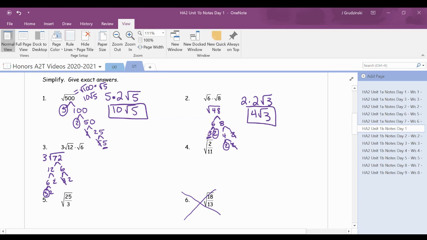So I have a pair of 3's and a pair of 2's with a leftover 2. So I keep the 3 that was on the outside, and then I'm going to multiply it with the 2 new numbers I'm pulling to the outside, and then I leave a 2 on the inside. So 3 times 3 is 9, times 2 is 18.